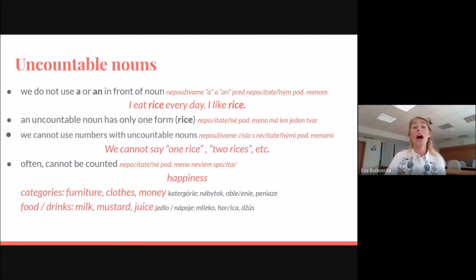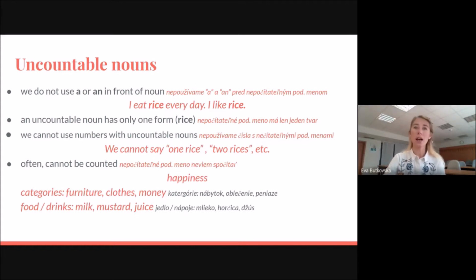We use uncountable nouns for categories, for example. So furniture. We cannot count furniture, but we can count chairs. So there are 2 chairs and 2 tables, but there is furniture. And as well with clothes.